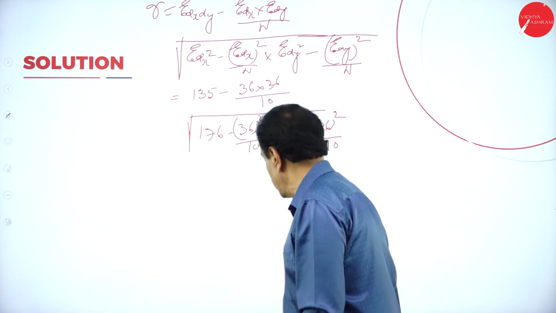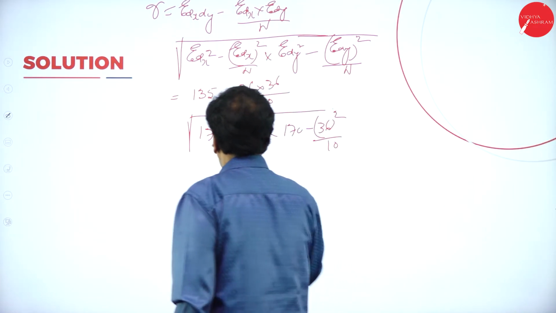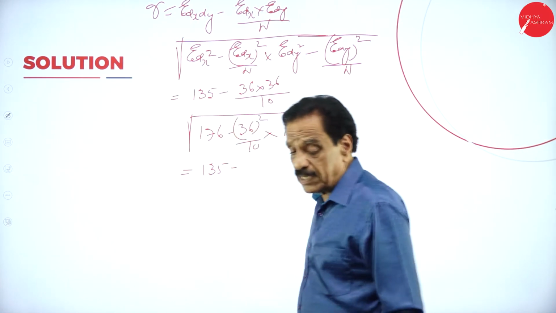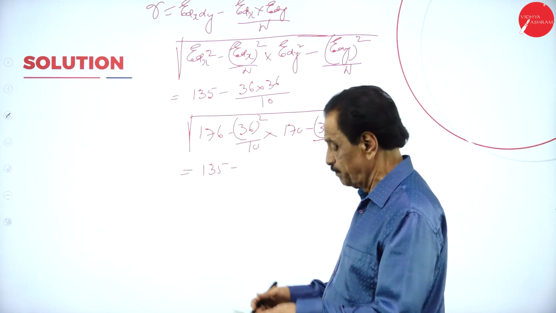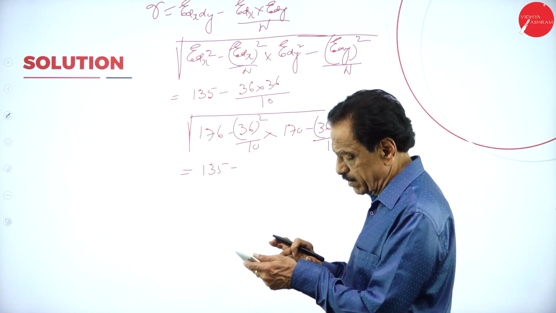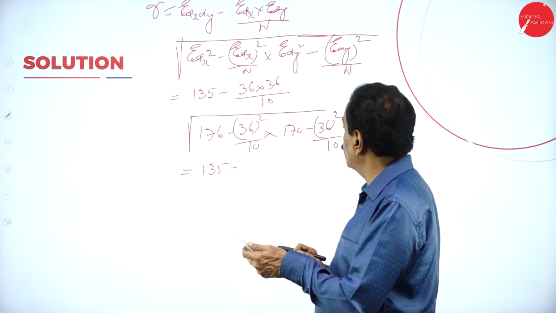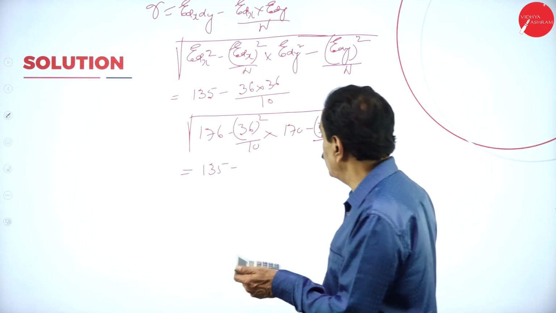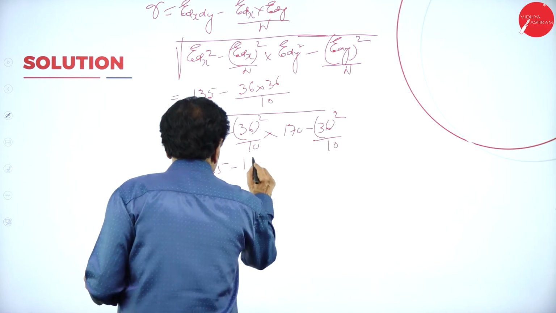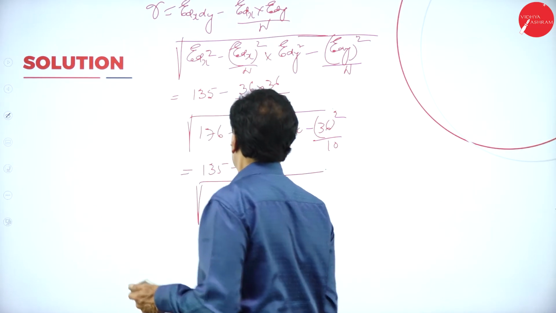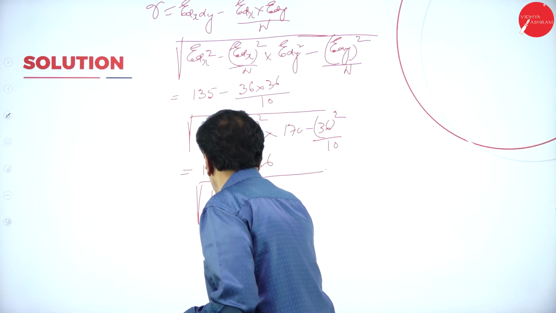So simplify this. 135, 36 into 36, 1296 divided by 10, which is 129.6, divided by root of 176.